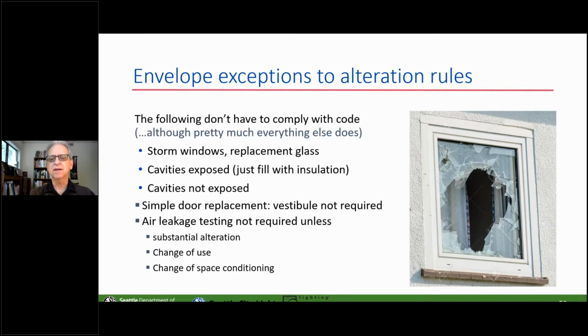If they didn't expose any cavities, you just leave them alone, uninsulated or whatever. If you're just putting a new door into an existing opening, then you don't have to do the vestibule. And finally, air leakage testing you're not going to have to do unless you're in one of those big categories. Next, please.